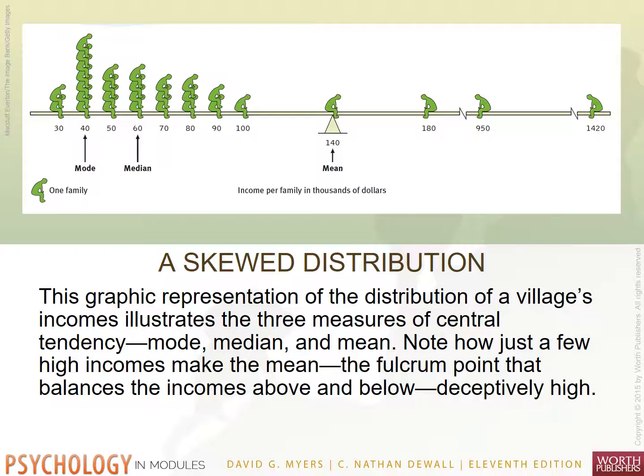But that's a distorted idea of the measure of center, the central tendency, because of those big outliers, 950 and 1420. If you look at the median, which is the 50th percentile, you see the median household income down at $60,000. That's much more realistic of what median household income is. The mean is being pulled by those very rich outliers here. And the median is probably a better measure of center in this case.